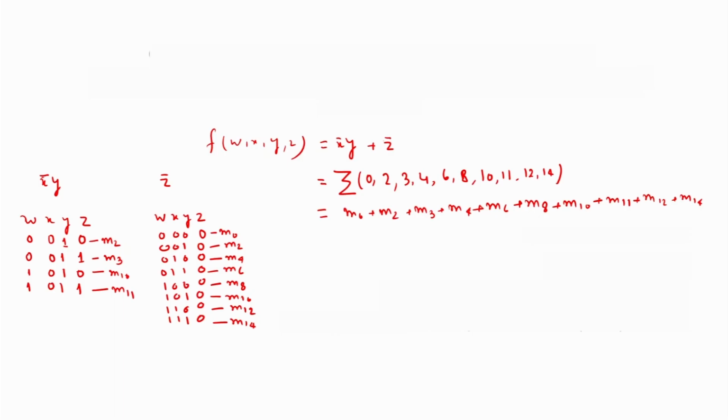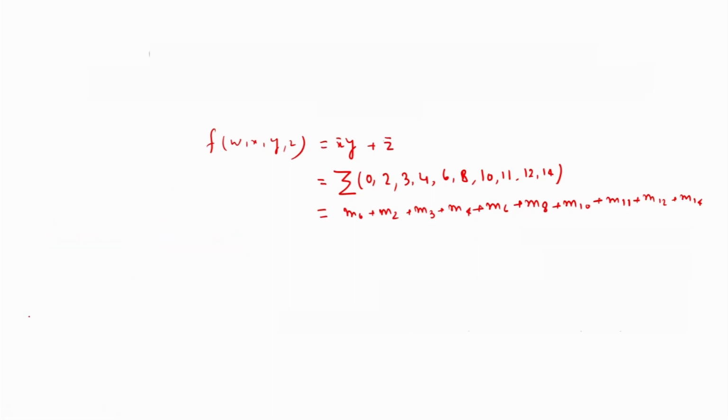In the general way of implementing, we simply take a multiplexer of size 16 cross 1. We know that in these particular combinations the output value will be 1, and then we design a multiplexer to implement this Boolean function.